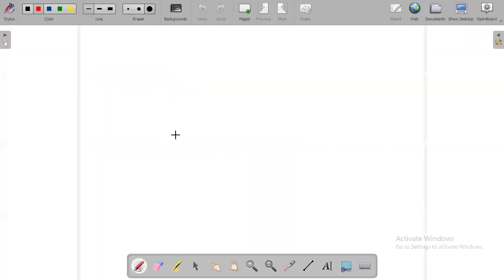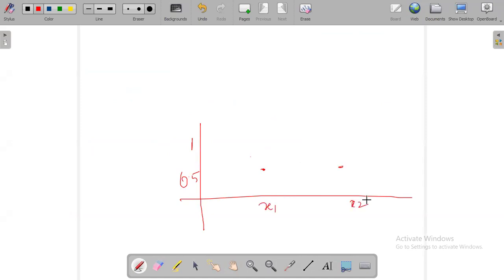If I draw the graph, it is somewhere here. If I take 0.5 here, I'll take 1. One point was here, 0.5, one point was here. I'll take this one x1 and this one x2. So what is your bandwidth equal to? x2 minus x1.